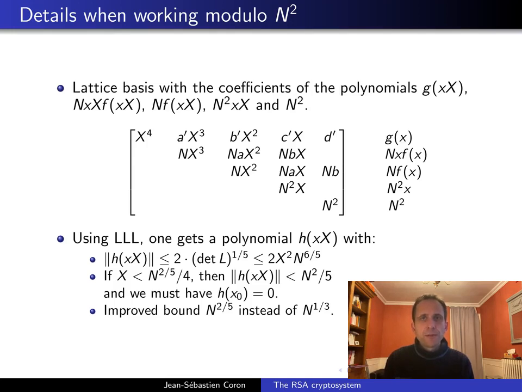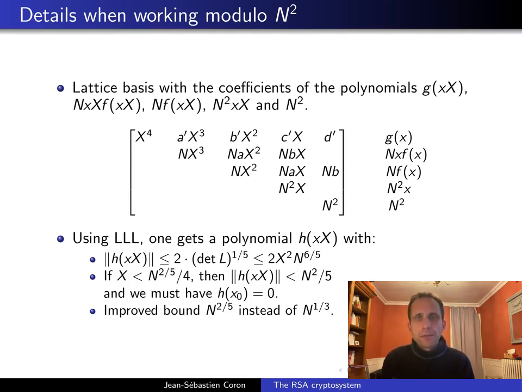Here this is 1/5 because the matrix has dimension 5. And as previously, we can compute the determinant by computing the product of the diagonal entries, because the matrix is upper triangular. And so we get this bound that the norm of the short vector that we get is less than 2 times X squared N to the 6/5.